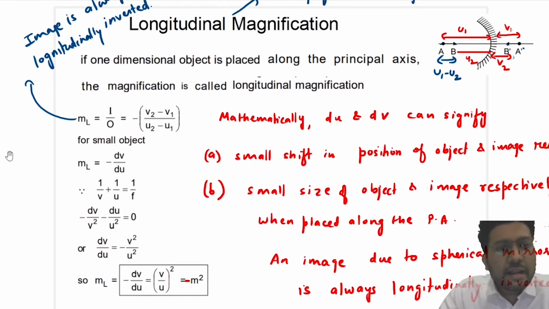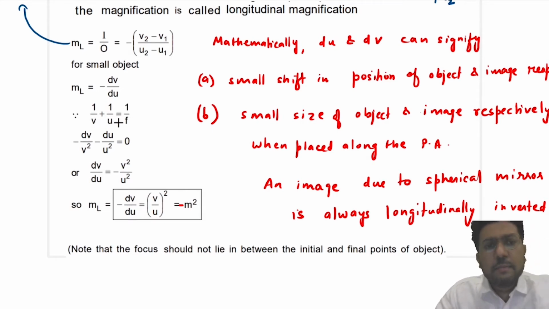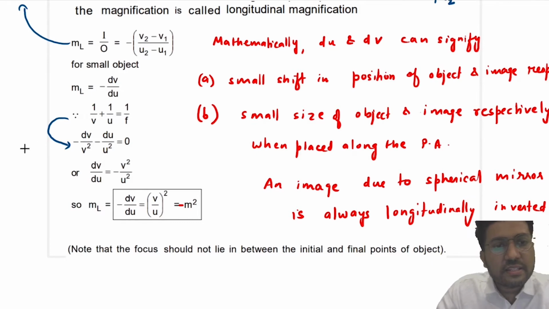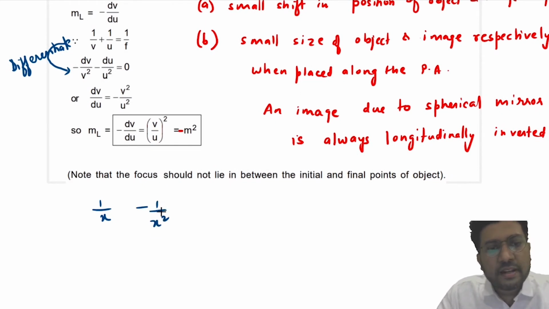Okay, and you know that 1 by V plus 1 by U is equal to 1 by F. If you differentiate this, what will you get? See, the differentiation of 1 by X is minus 1 by X square dx.